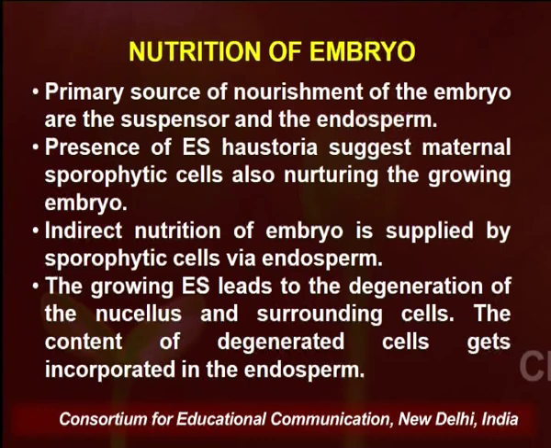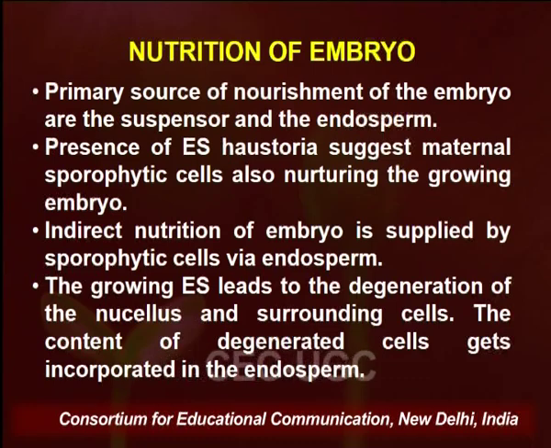So, endosperm being the primary tissue, and then there is suspensor. Suspensor is a part of the embryo, endosperm is a different tissue present in the seed. Presence of embryo sac haustoria suggests maternal sporophytic cells also nurture the growing embryo.